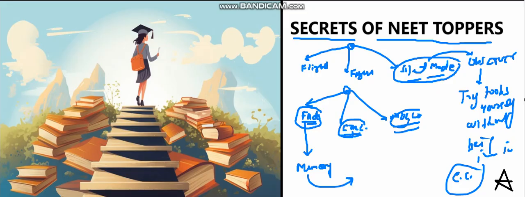So try to learn to use your, suppose this is the brain. These parts, the temporal, parietal and the occipital lobe, are responsible for memory. So feel that your front part is not active and these parts are active when you try to memorize things.